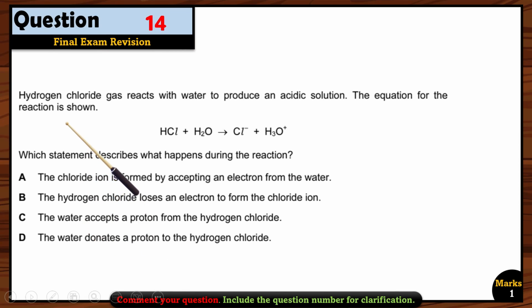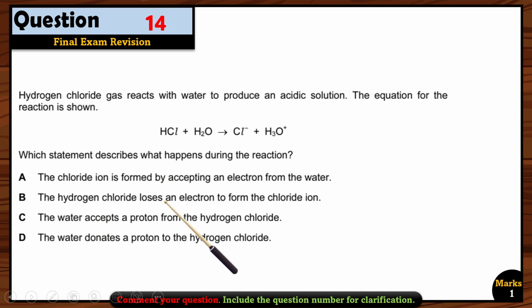Let's see question 14. Hydrogen chloride gas reacts with water to produce an acidic solution. The equation for the reaction is shown over here. Which statement describes what happens during the reaction? First, chloride ions are formed by accepting an electron from the water. Wrong, because it was already a chloride ion over here, right?